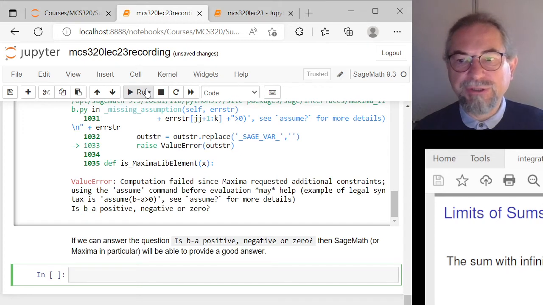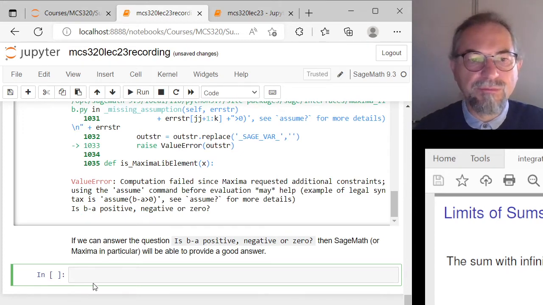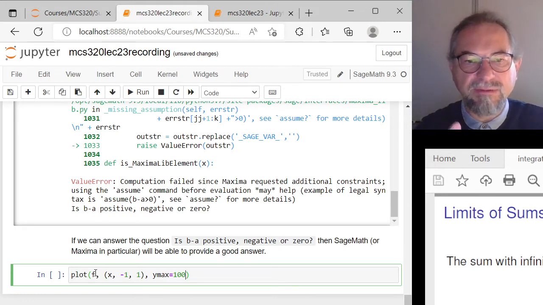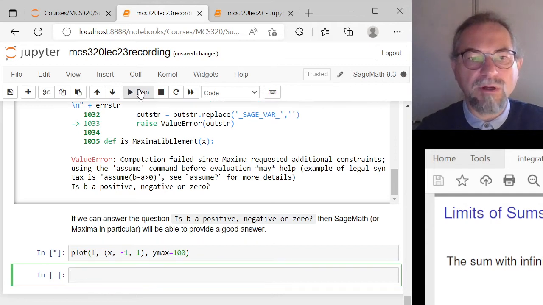So before we do get into the assume, let's make the plot. I will make the plot of f for x in -1, 1. And to have a nice plot, I will let y max, the maximal value for y, be 100.